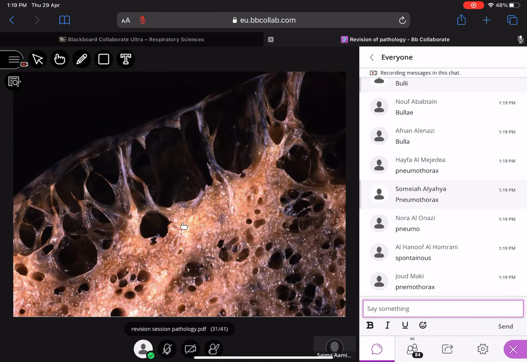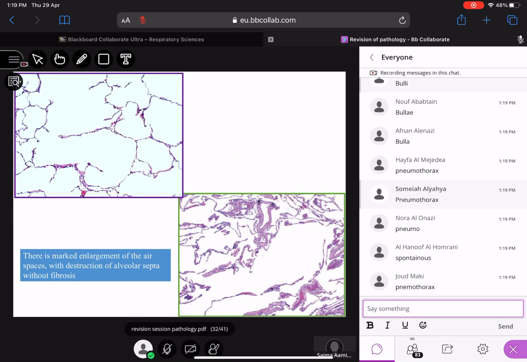Yes, spontaneous. Again, a zoomed in view of a bulla, you can appreciate that they are so big. They can be 0.5 to 2 centimeters, and the wall is very thin. Microscopically, you see destruction of the walls of alveoli. You don't see walls here, and there is dilatation of spaces.